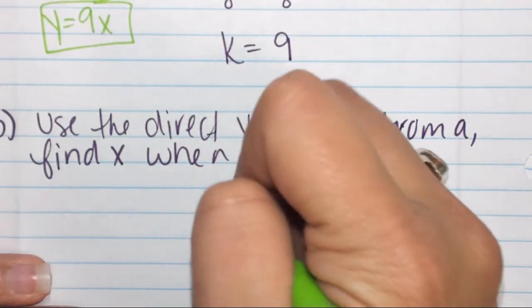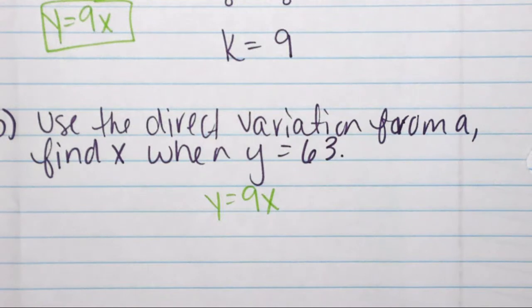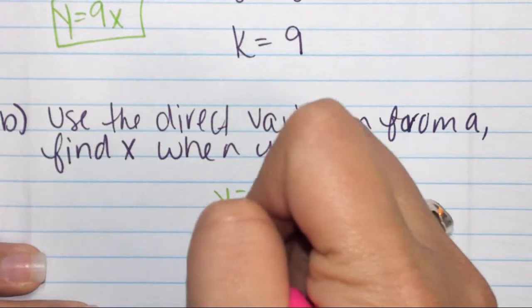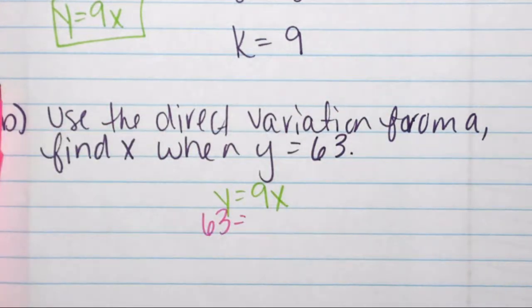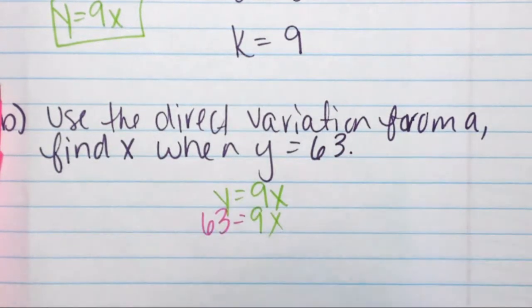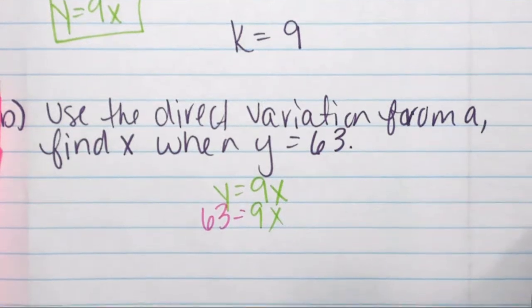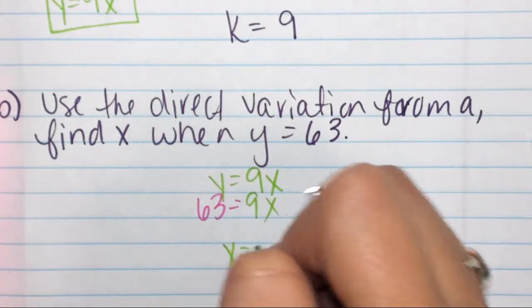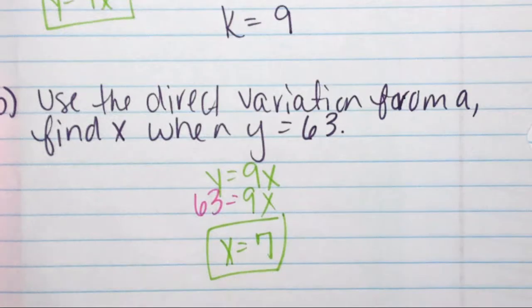So we're going to say y equals 9 times x. Now, it wants us to find x when y is 63. Do you agree? So what are we going to plug in? And we're going to plug it in for x or for y? So we say 63 equals 9 times x. Well, what would x be? That's it. That's all you do. You plug it in, you find your missing pieces.